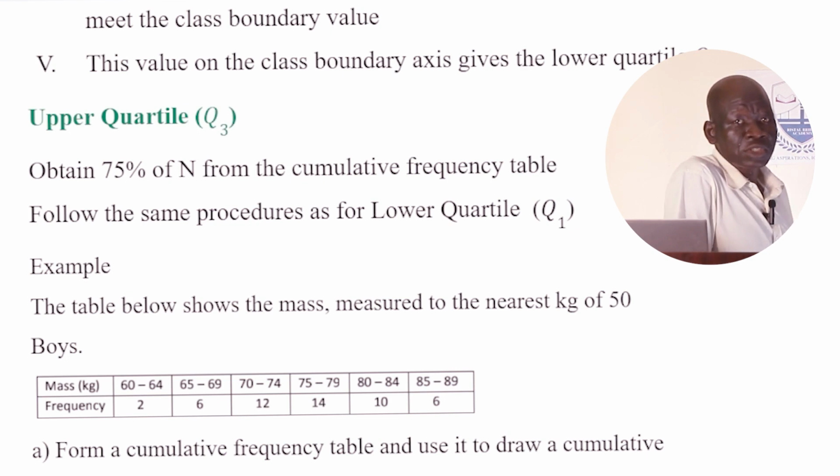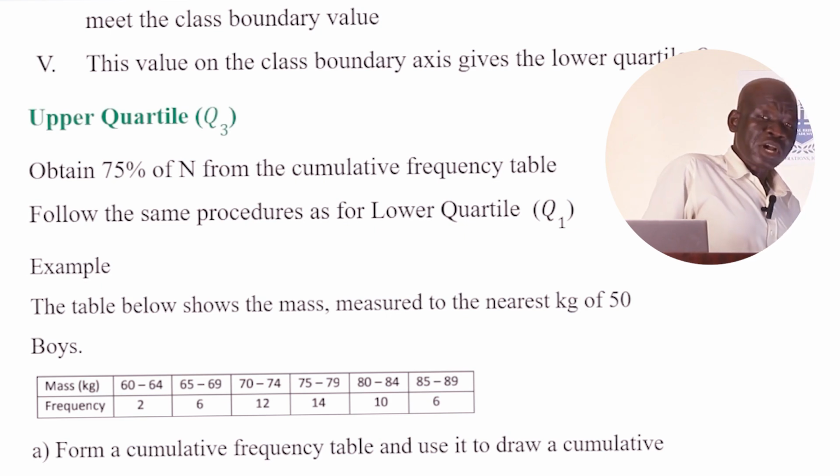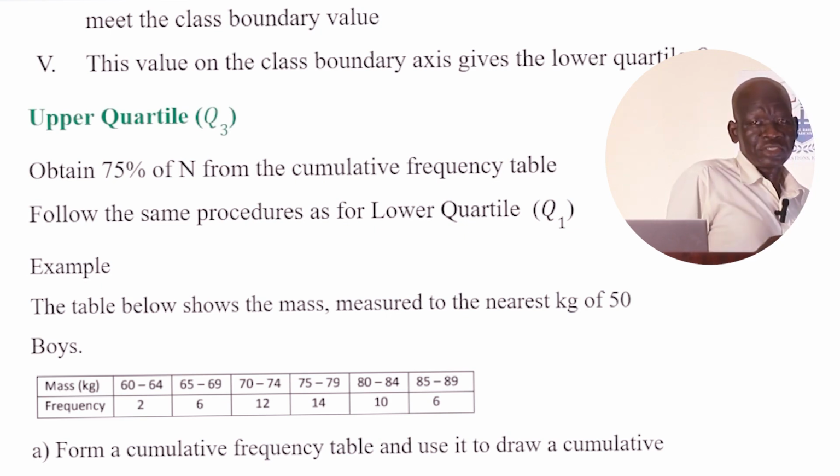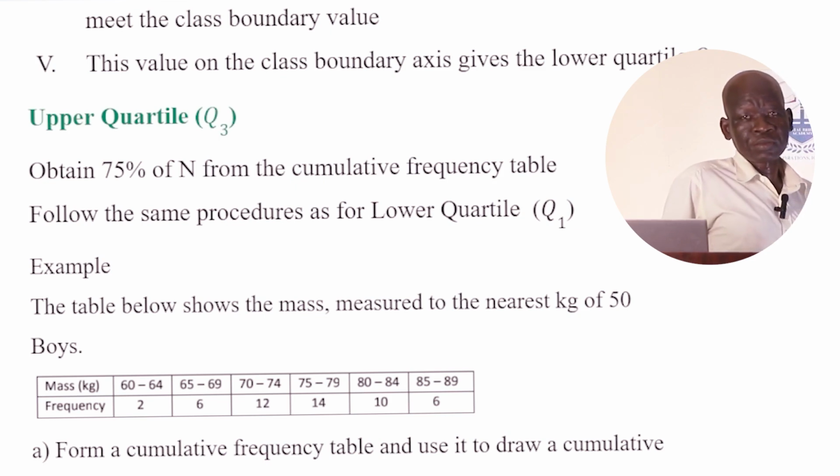Then after drawing it, you obtain 75% or 3/4 of the nth observation, that is to say, 75% of the total frequency value.